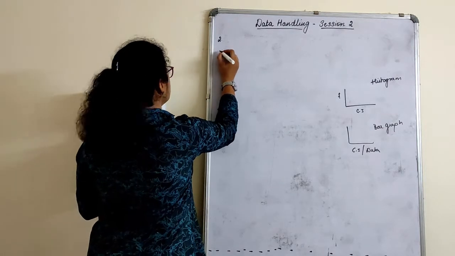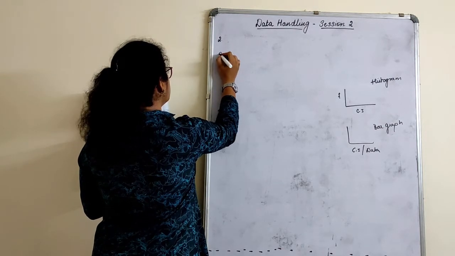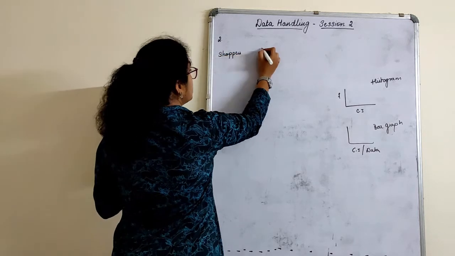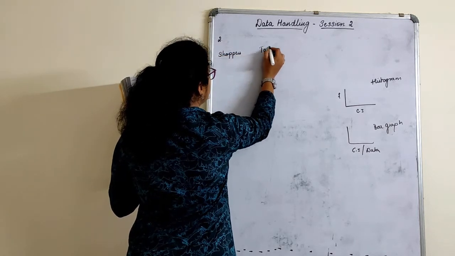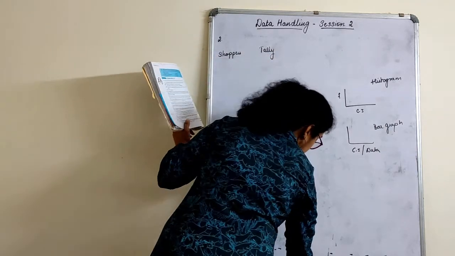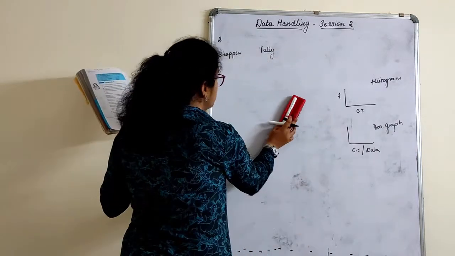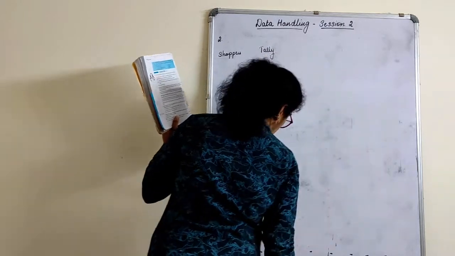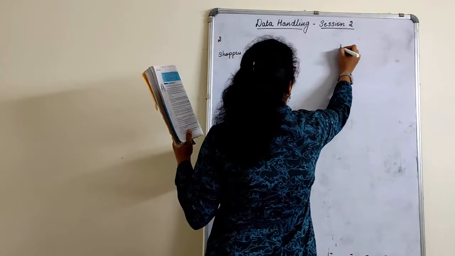So first of all, we will write the shoppers. We have to make a list, right? With respect to shoppers, we have to mark tally marks across it, and with respect to that, we have to write the frequencies against the tally marks.